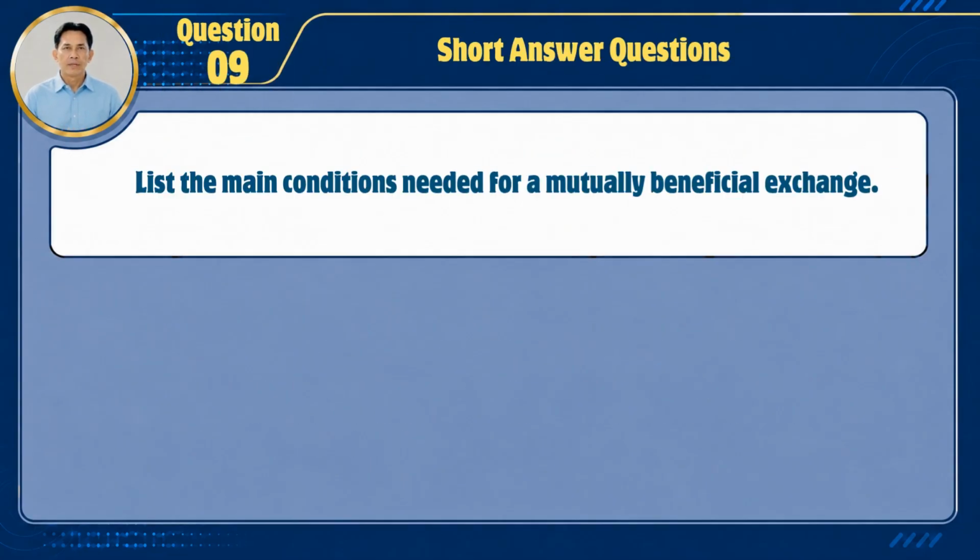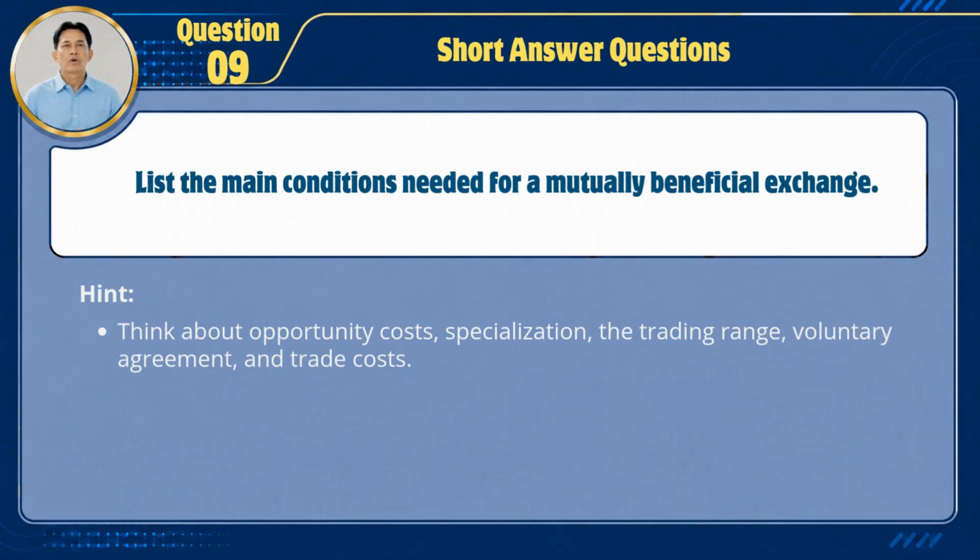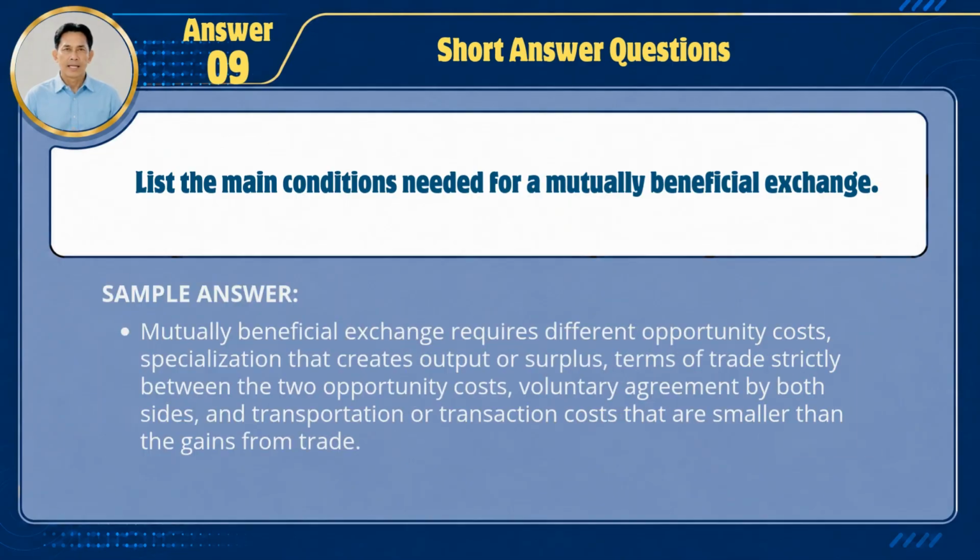Here's question number 9. List the main conditions needed for a mutually beneficial exchange. And here's your hint. Think about opportunity costs, specialization, the trading range, voluntary agreement, and trade costs. Here's a sample answer.